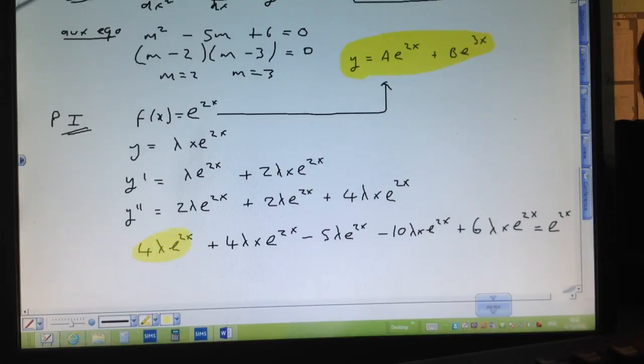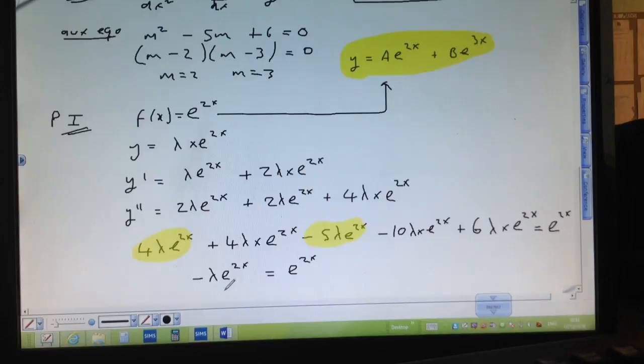I've got normal of those, and normal of those, in fact that's it. So I end up with minus lambda e to the 2x, and combining this here, I've got 4, add that, take that is gone. So therefore this is equal to e to the 2x.